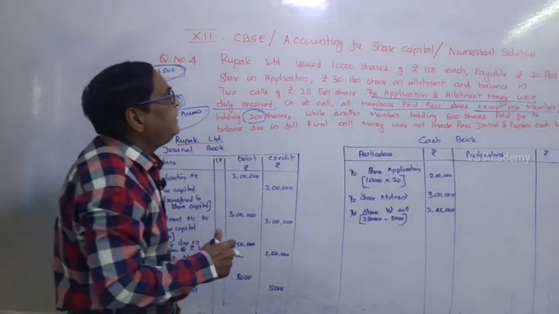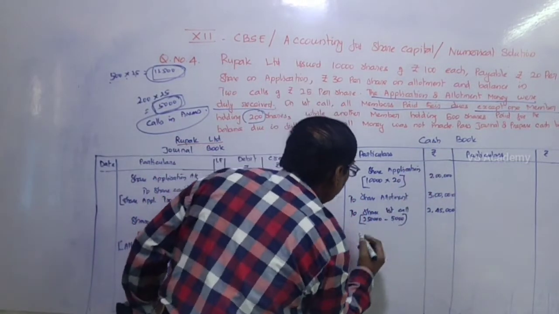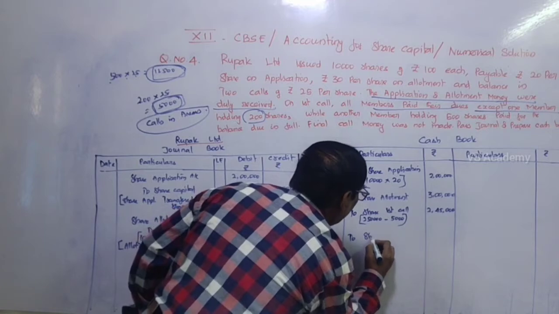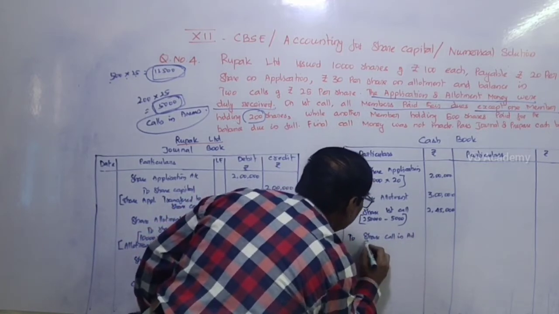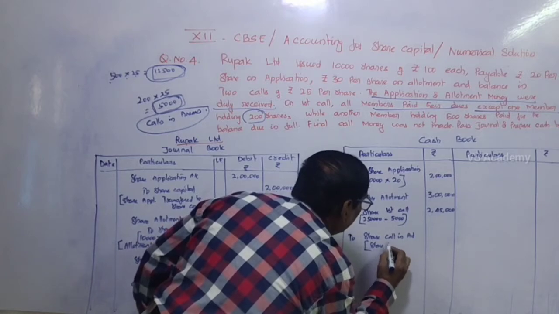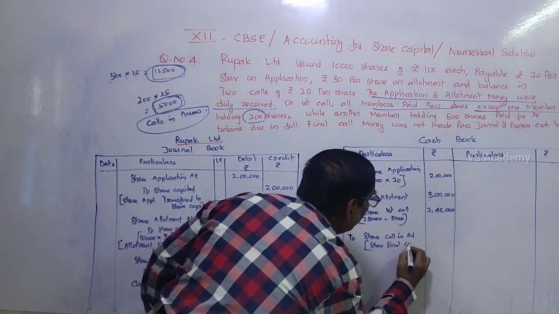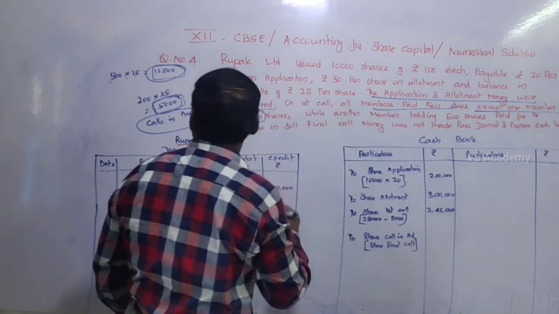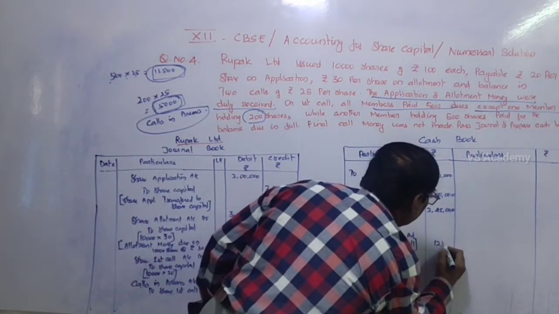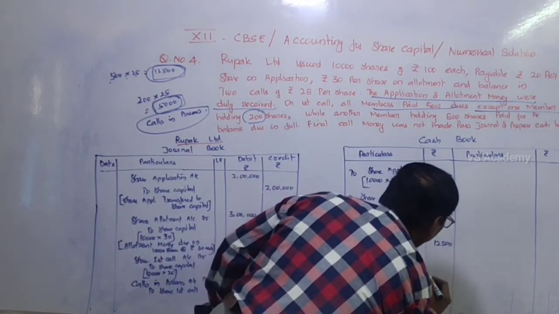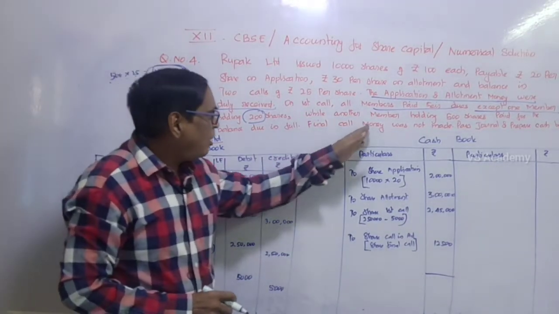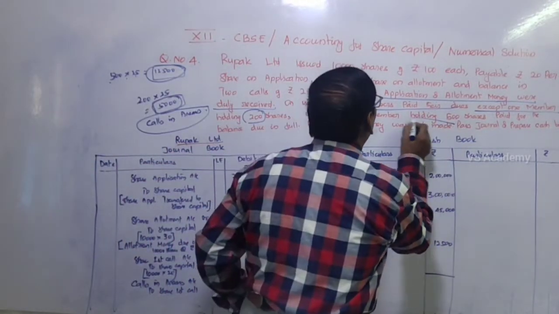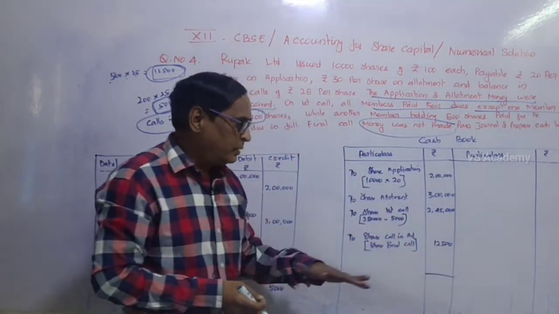But we have received cash, so cash account debit to share call in advance, towards share final call, 12,500 rupees. Because the final call money was not made, you can stop this level.